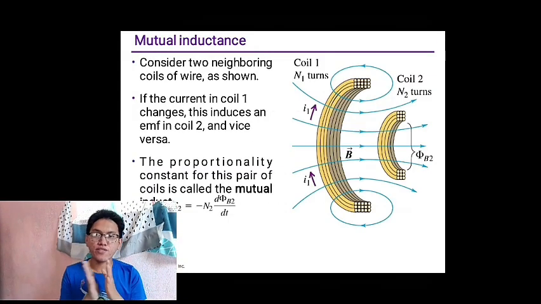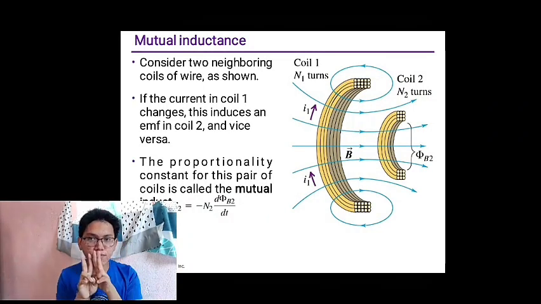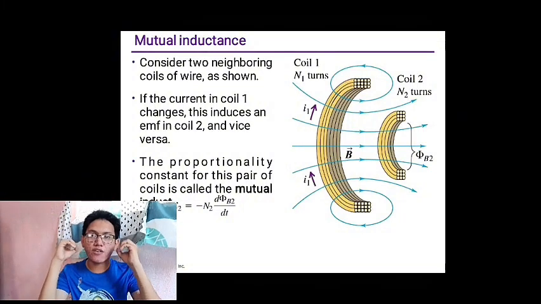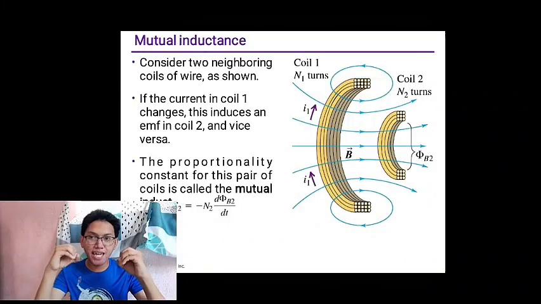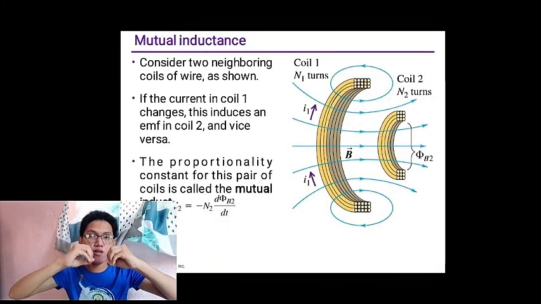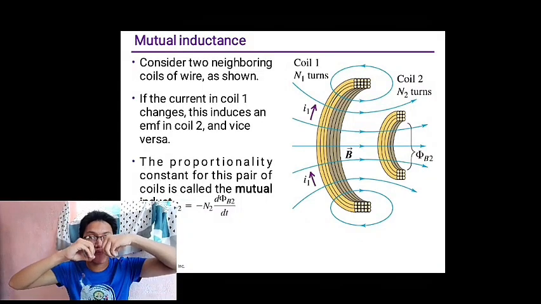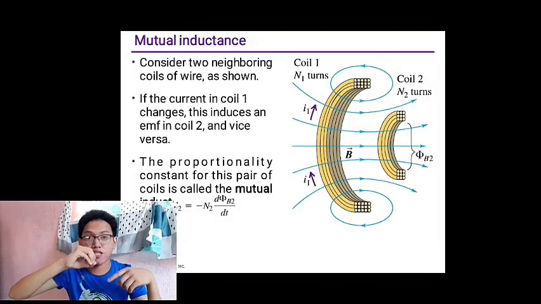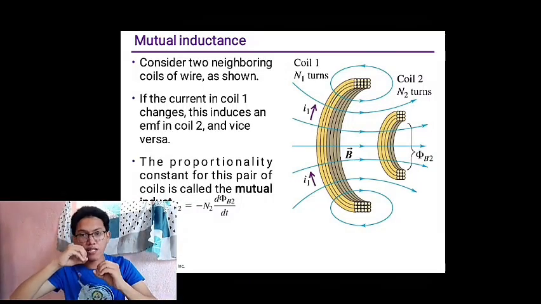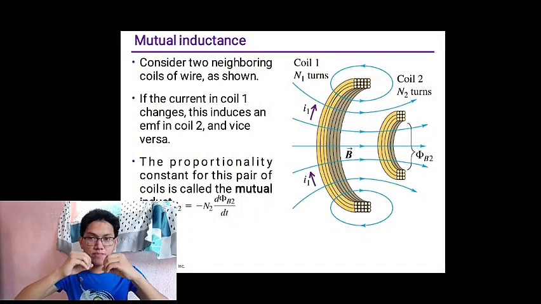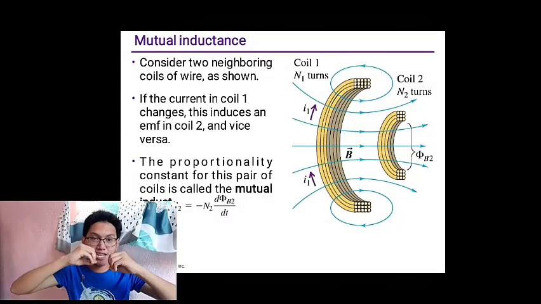So for the first, mutual inductance, now we move to the concept of this. Consider two neighboring coils of wire placed close to each other. If the current in coil 1 changes with time, and as I mentioned in our previous topic, a coil has turns, then the magnetic field it produces also changes.